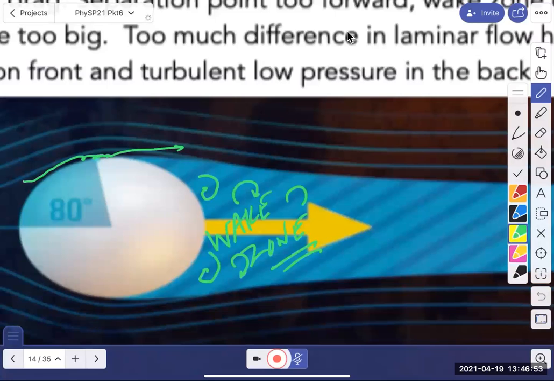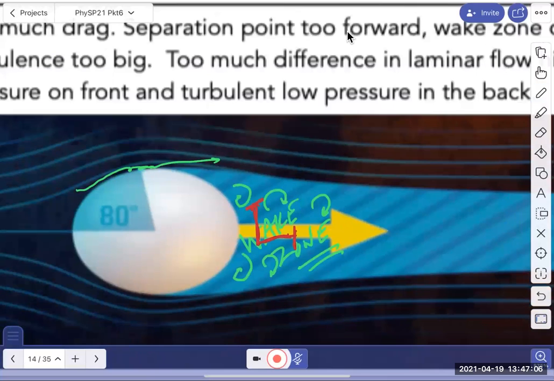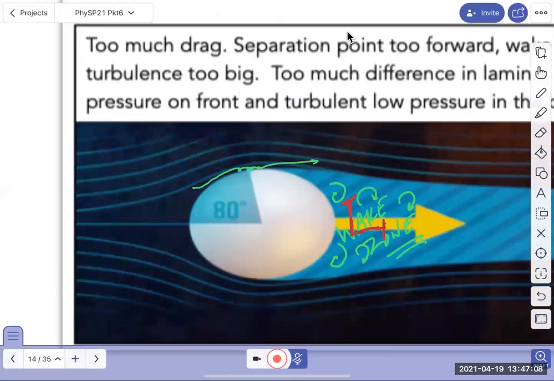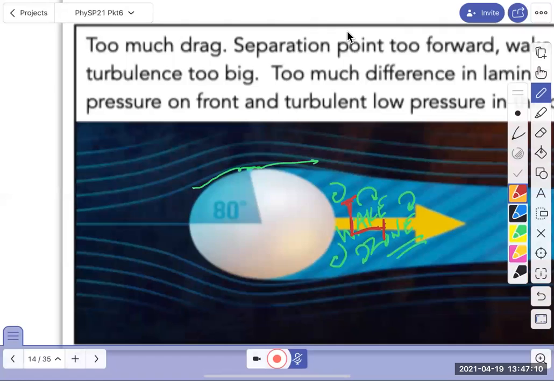So this is very chaotic, where you have a lot of turbulence. And so this tends to be a low pressure zone, because you don't have as many molecules compared to the front. The front is laminar flow. On the front, the air molecules are coming in and hitting it and then bouncing off, but it's giving you a united front. And so this is a high pressure zone.